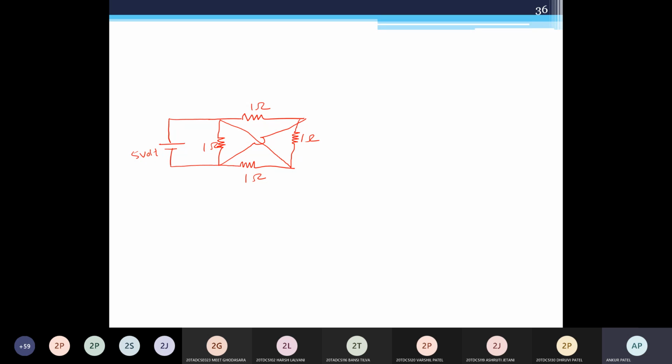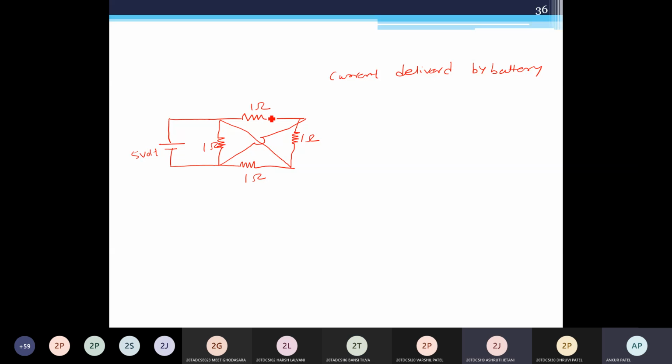Now you need to find the current delivered by the battery. Tell me, are this 1 ohm and 1 ohm connected in series or parallel? Series?